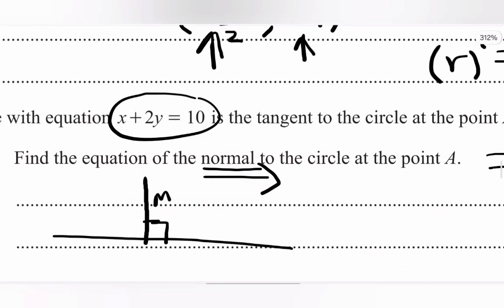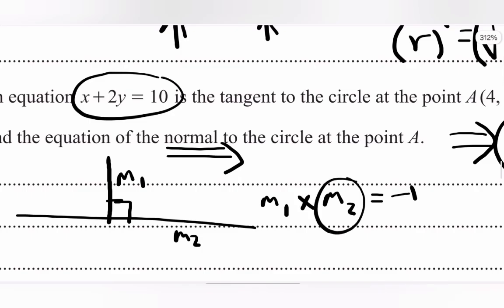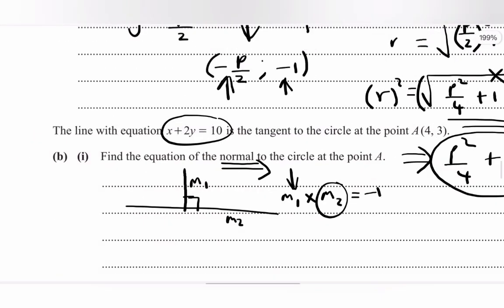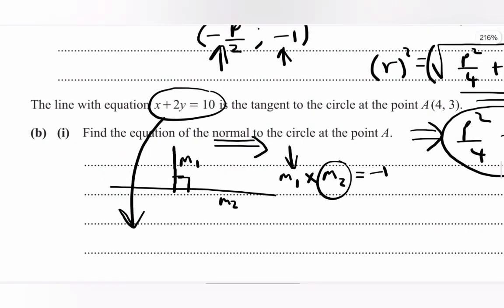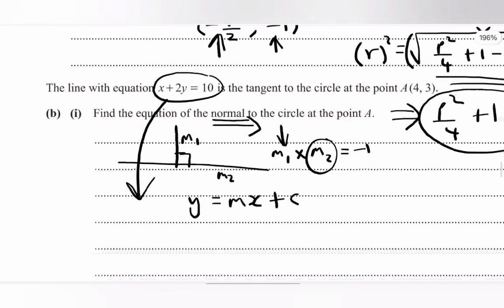So if we have the gradient of this one and the gradient of this one, multiplying these two should give us -1. So this is telling us that we can get the gradient of the normal from the gradient of the tangent, like that. And to get the gradient of the tangent, we're just going to rearrange and write that in the form y equals mx plus c.